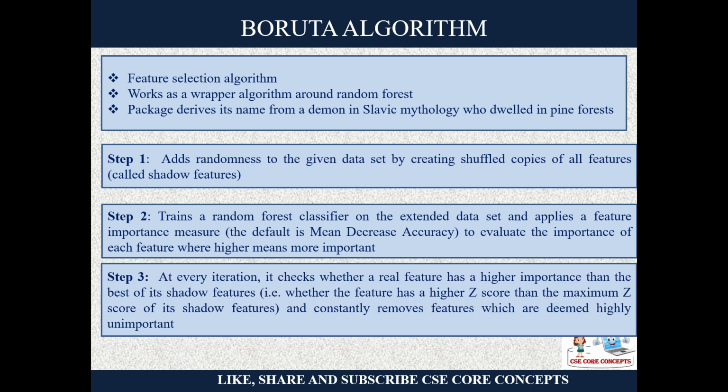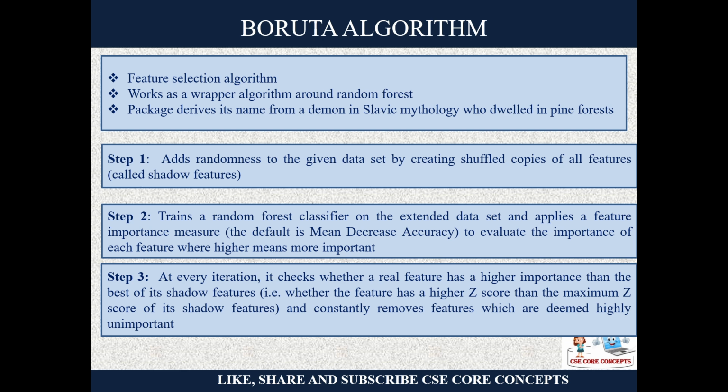At every step, since it is a wrapper algorithm, it performs a number of iterations. Every real feature should have a higher importance than the shadow features. This is compared using a statistical measure called the z-score.